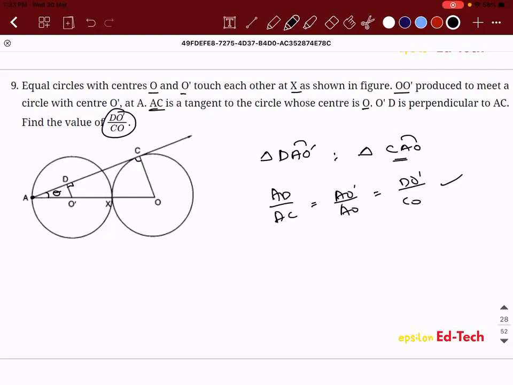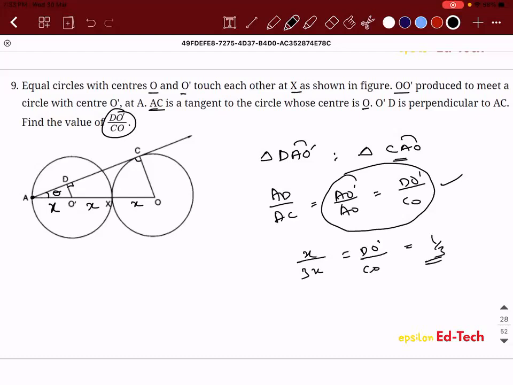AO dash, let us keep as X. So AO dash is X, then O dash X will also be X, and XO will also be X. Yes, sir. AO dash is X divided by AO is 3X. So DO dash divided by CO is equal to 1 by 3.